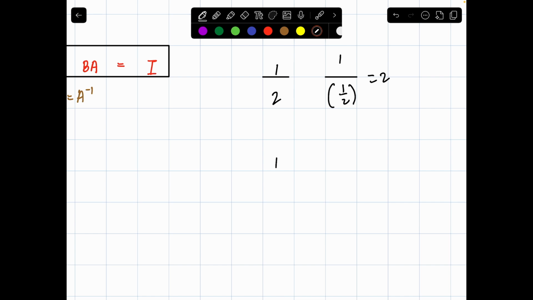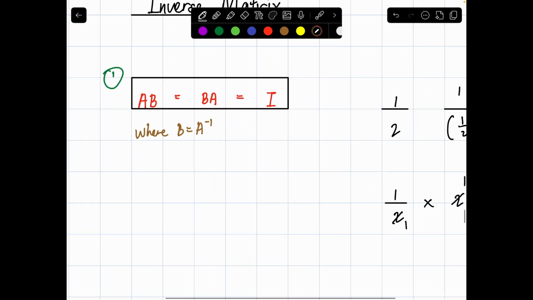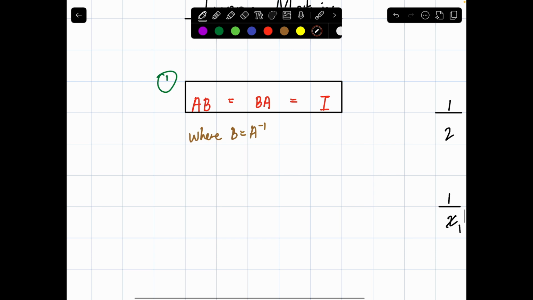So let's see, 1/2 multiplied by its inverse, which is its reciprocal, in this case 2. When you multiply these two numbers, you'll get the answer of 1. And this is essentially the same concept for an inverse matrix.